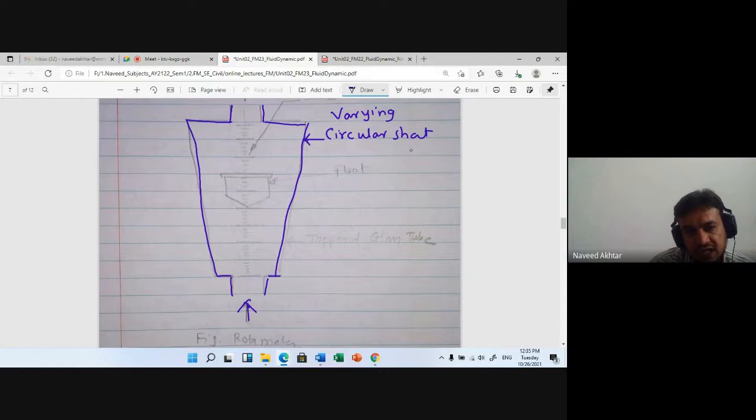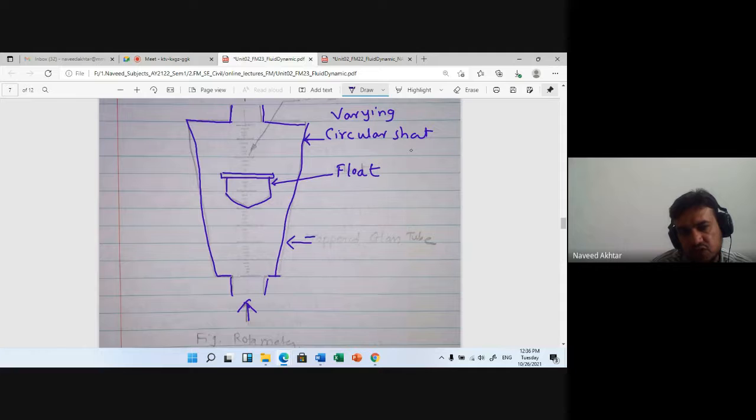This is your float, and the sharp edge is opposite the float.